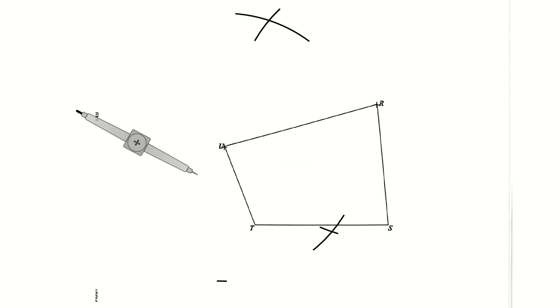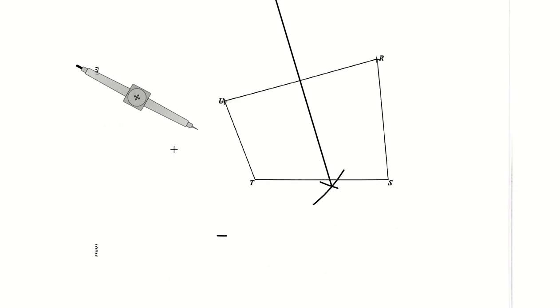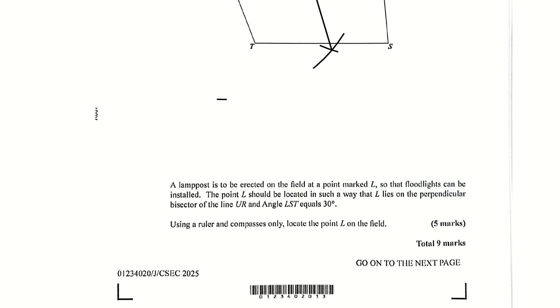So you're going to take your ruler and join a line from here to here, and this will be the perpendicular bisector of UR. What is the next part they said? So point L lies somewhere along this line. Then they say that angle LST is equal to 30.